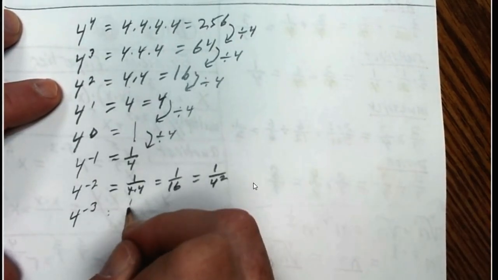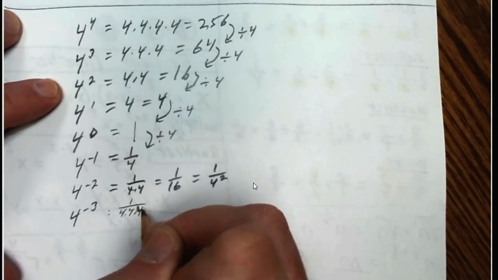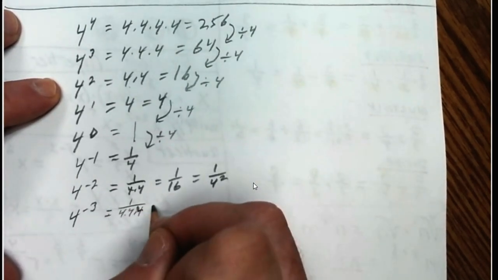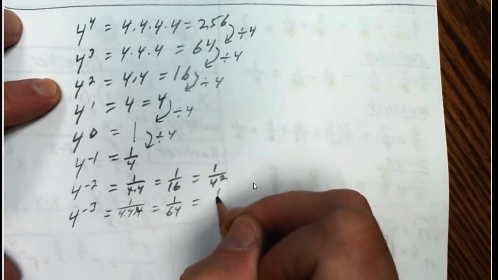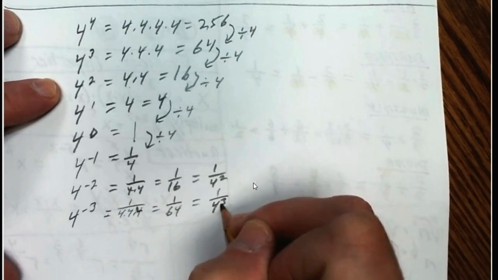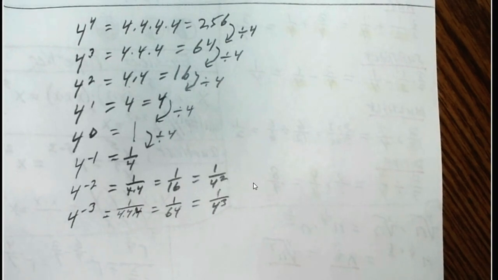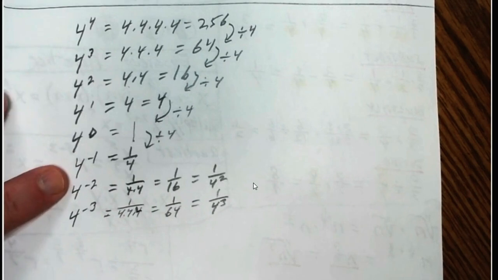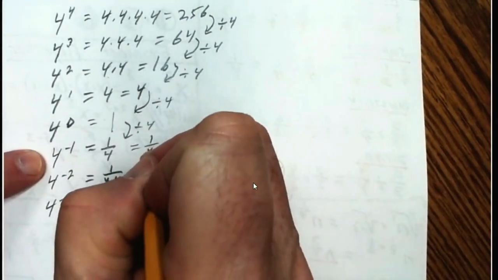This will be 1 over 4 times 4 times 4, which is 1 over 64, which is also 1 over 4 to the third. I see a pattern developing there. So since we don't like expressing things in negative exponents, this would be 1 over 4 to the first.